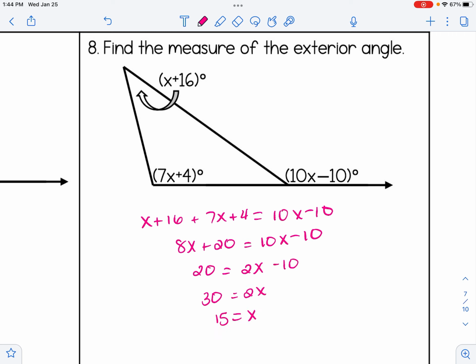So when I'm done solving, I got that x is equal to 15, but this problem asked me to actually find the measure of the exterior angle. That's where this 10x minus 10 is. So I'm going to plug 15 in there. 10 times 15 minus 10 gives me 140 degrees.